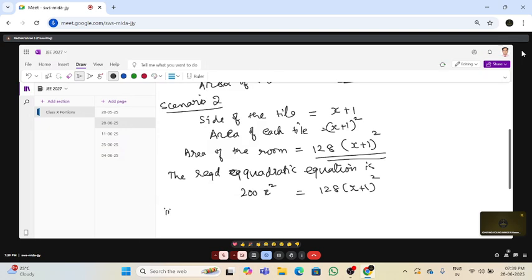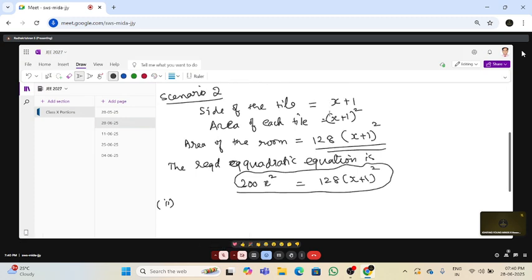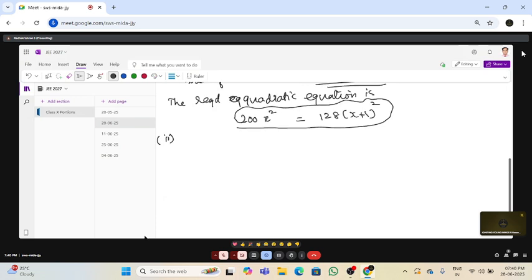What is the second part? The second part is to write the same equation in standard form, right? Write the corresponding quadratic equation in standard form. So now you have to expand.